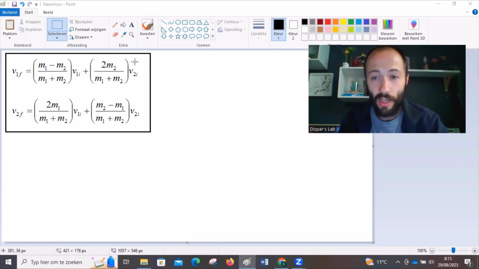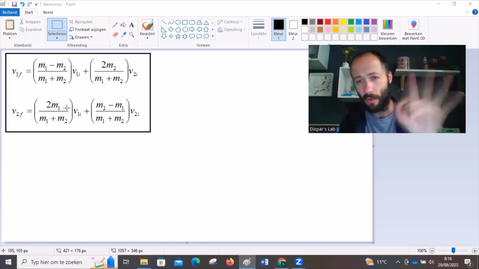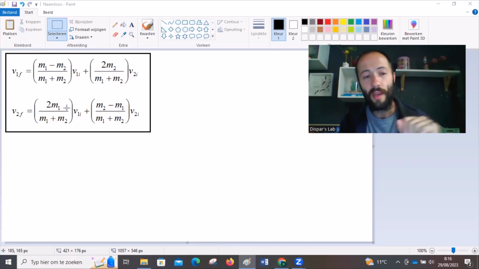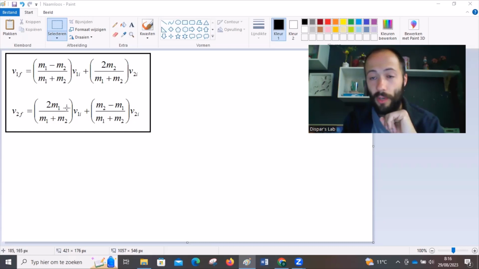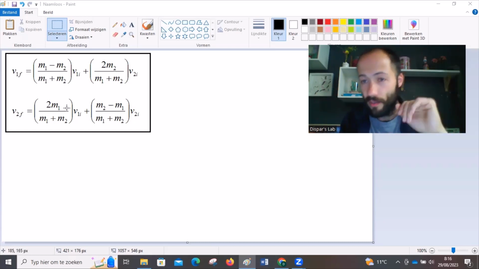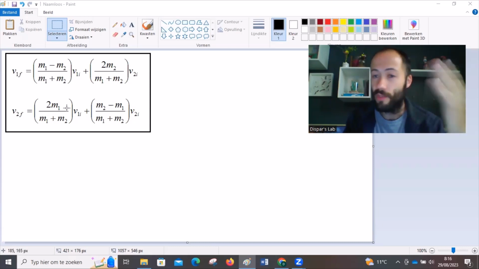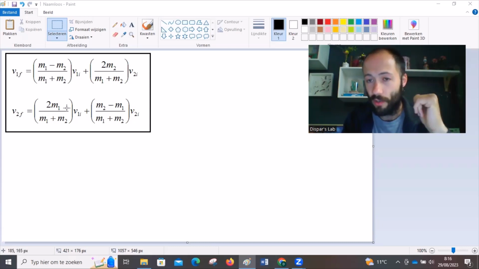That's what this equation predicted. So now I will use this equation and predict the outcomes of many elastic collision videos that you find on YouTube. And what you will see is that they will match the result.